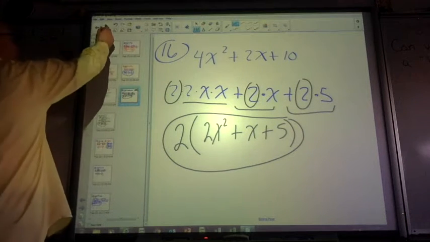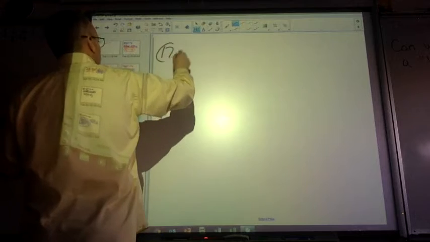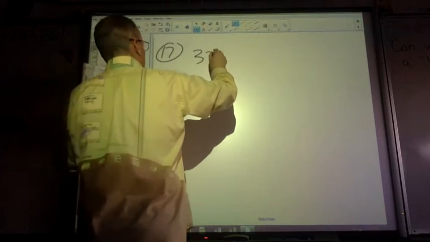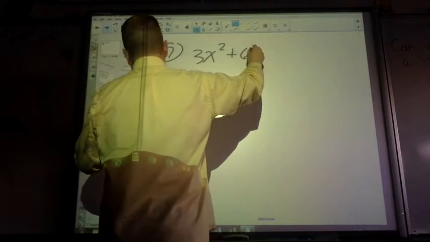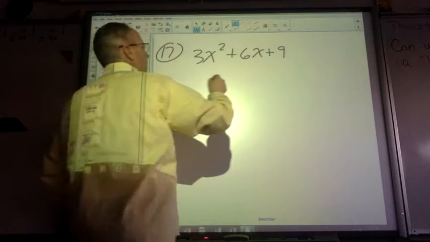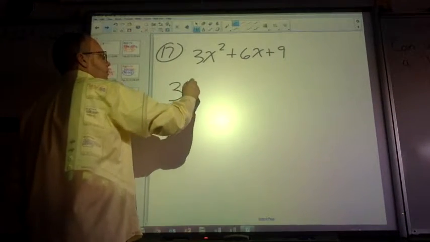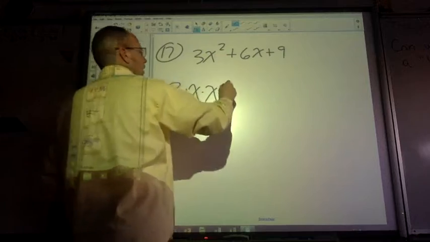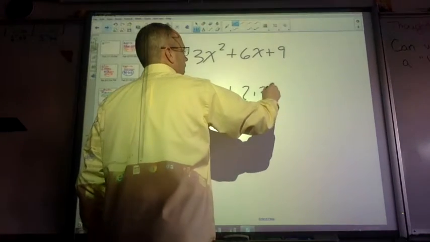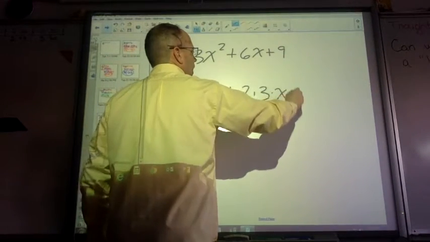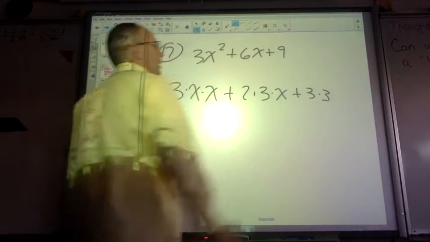17. Again, I have a trinomial. So let's break it down to its parts. 3 won't break down, so I get 3 times x times x plus 2 times 3 times x plus 3 times 3. I have 3 terms.